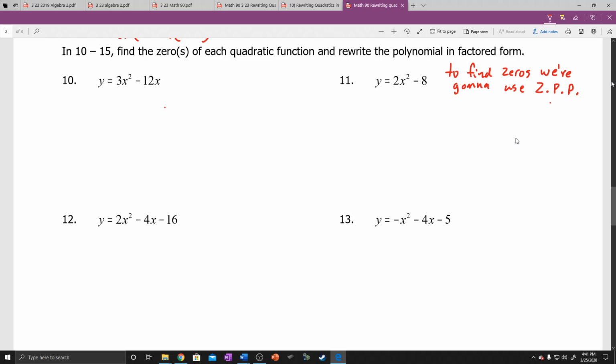We're going to use that to actually find the x-intercepts or zeros. The other thing we need to remember is first, if the a value is not 1, factor out the GCF.